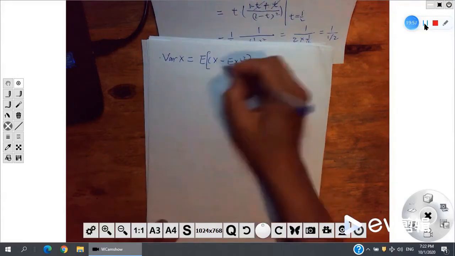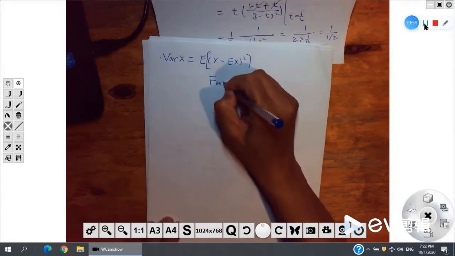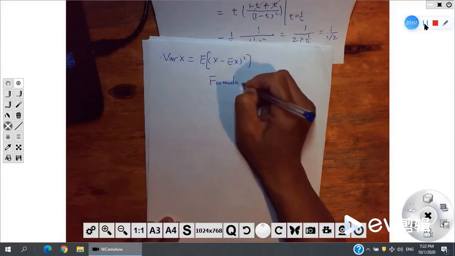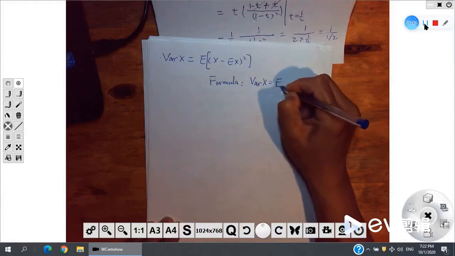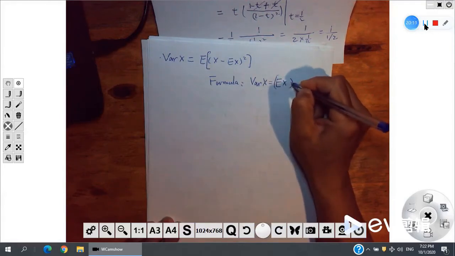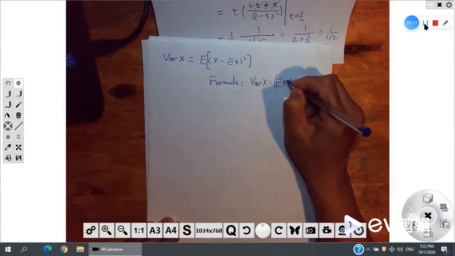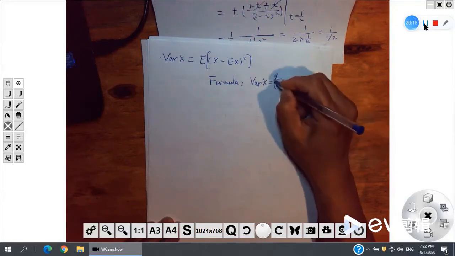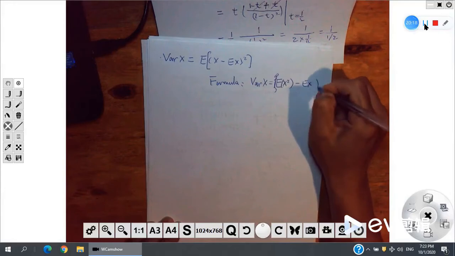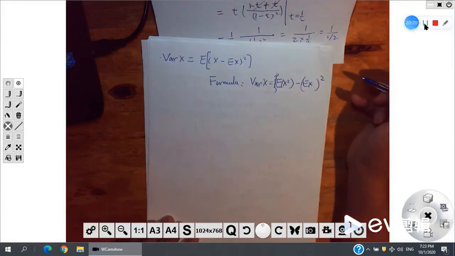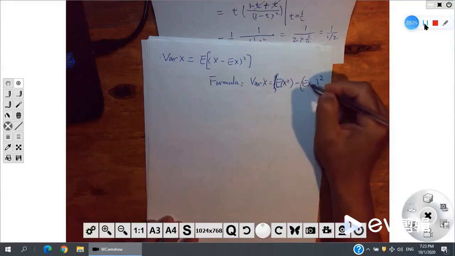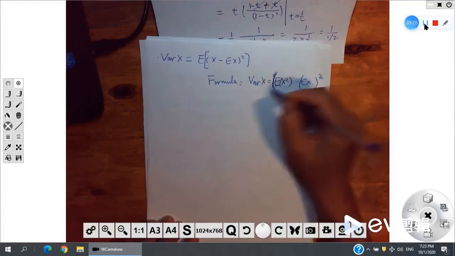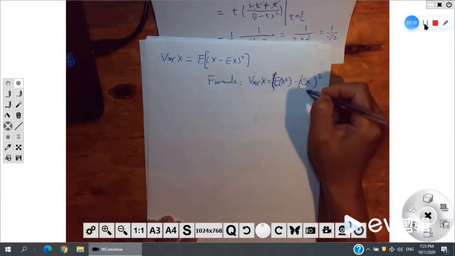I put the formula here. Formula: variance of X equals E[X squared] minus (E[X]) squared. So X squared take the mean, minus the mean of X taken squared. So we can calculate the variance of X this way.